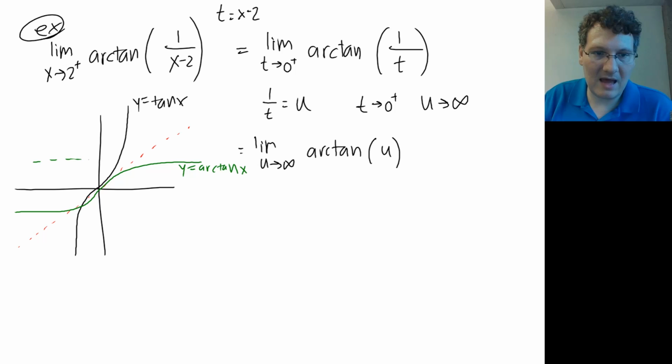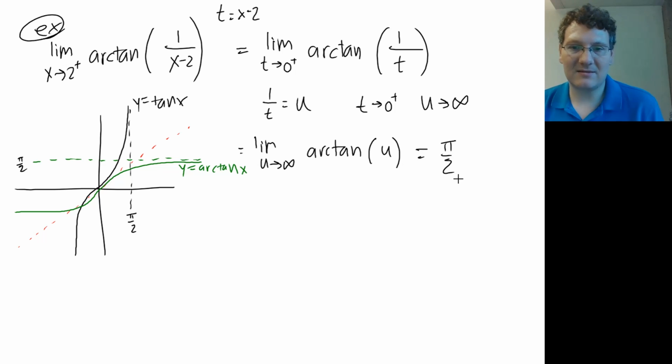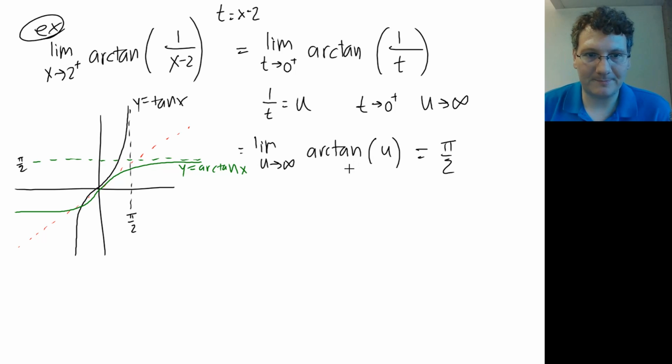The asymptote here is the same as the asymptote of the tangent, at pi over 2. So the arctangent approaches pi over 2 as the thing inside it gets bigger and bigger.